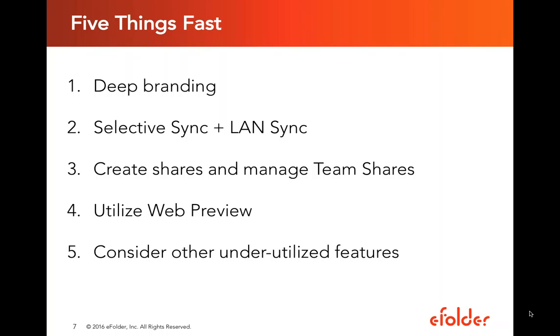We're then going to go over creating shares and managing team shares, utilizing web preview and some of the advanced functionality within that, and consider some other underutilized features in Anchor to really make it optimized for, again, your clients' security and your own profitability.